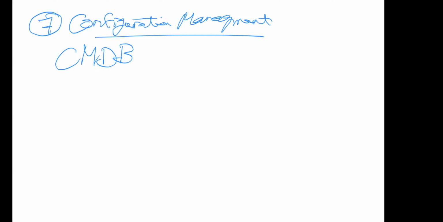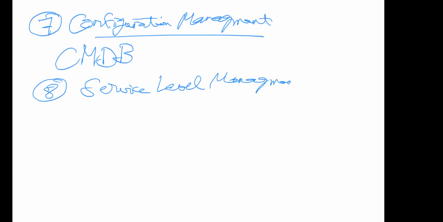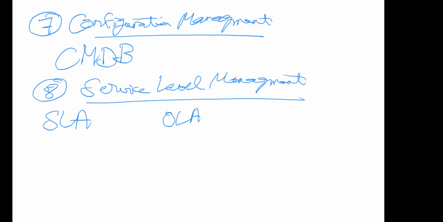Okay. Service number 10, service level management. Here, I want you to understand three different terms, because these are questions in the exam. Number one, SLA. Number two, OLA. Number three, UC.